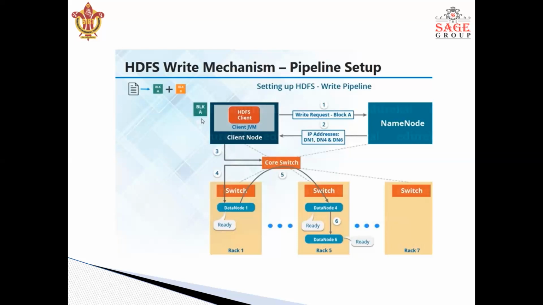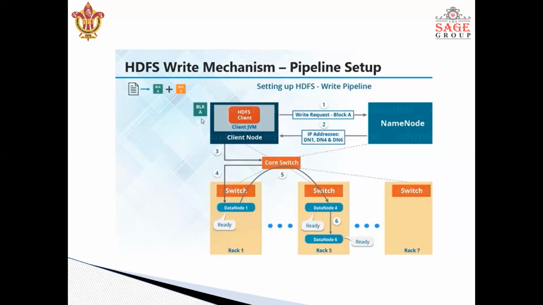Now the client has the IP addresses of the 3 data nodes where block A will be copied. At first it goes to data node 1 and asks, I want to copy a block on your data node, are you ready? If data node 1 is ready, it answers yes, I am ready, but you go and ask data nodes 4 and 6 also. Data nodes 4 and 6 say that yes, we are ready.